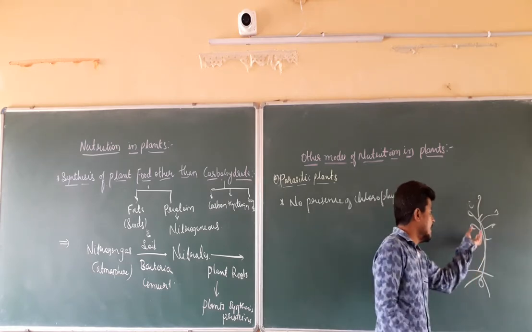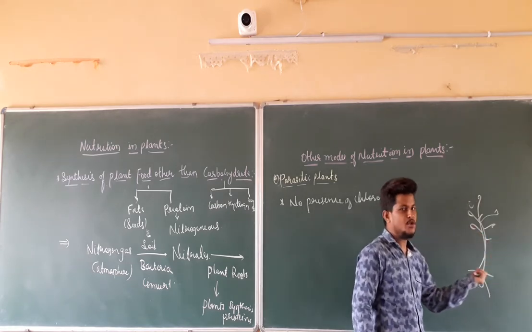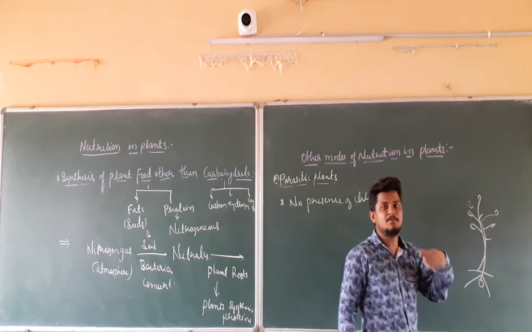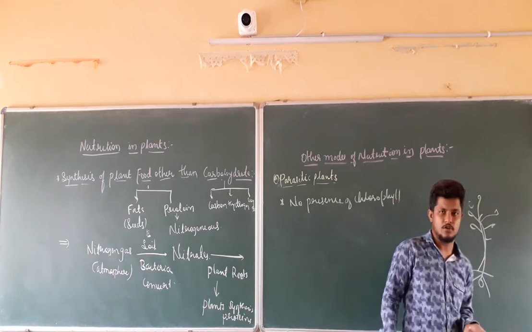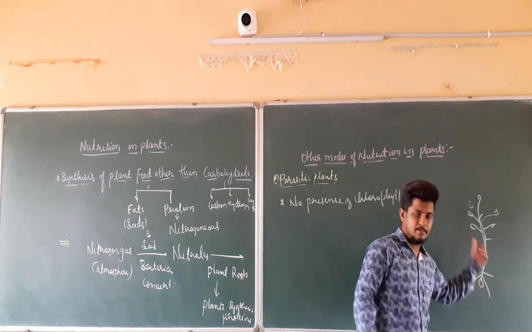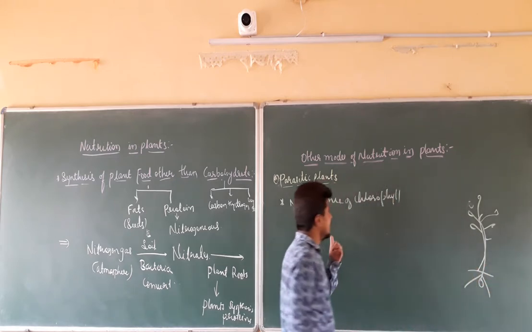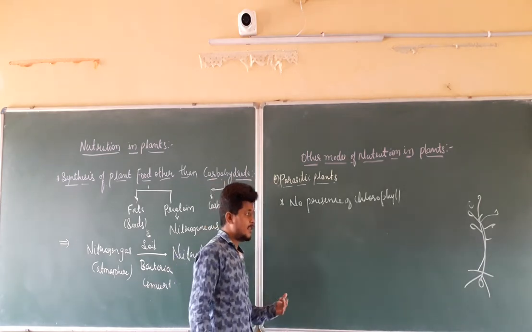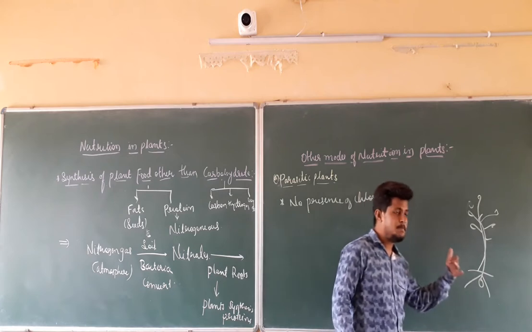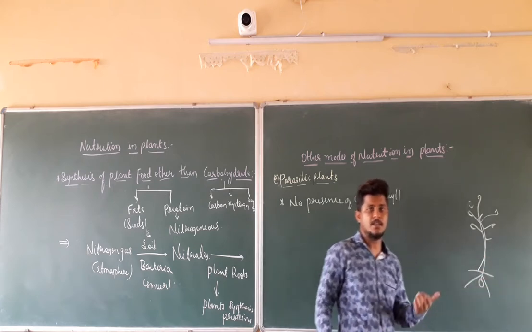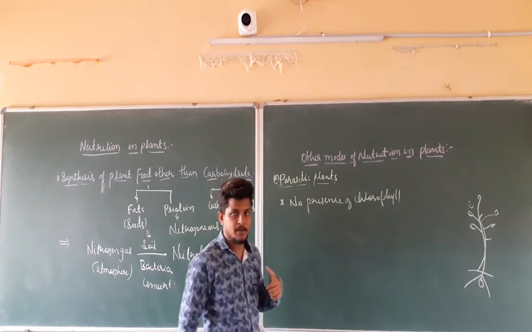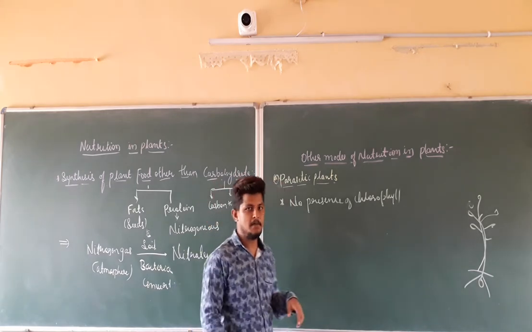They are going to take all the essential nutrients from the plant which produces its own food. So parasitic plants are those which are dependent on other plants for the purpose of their food.